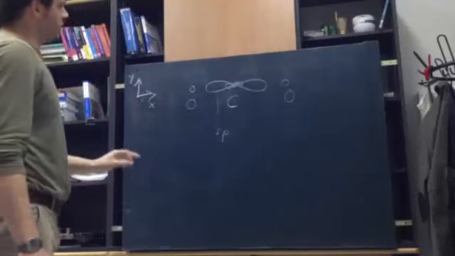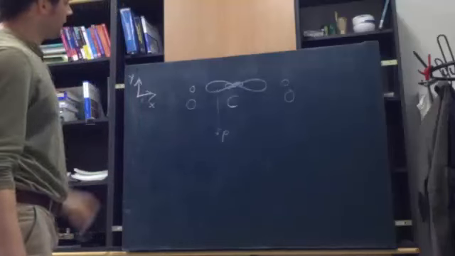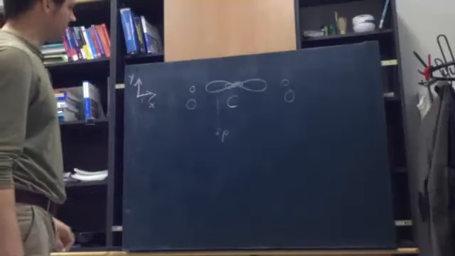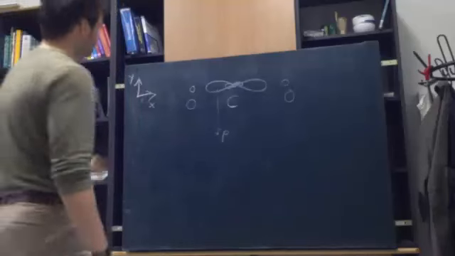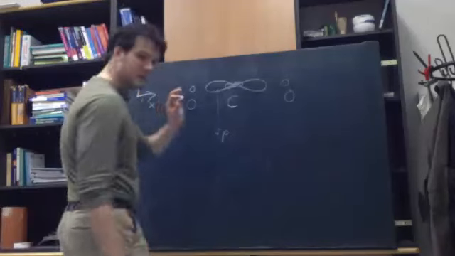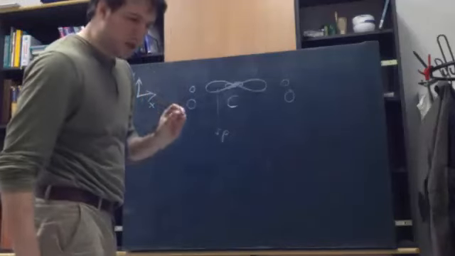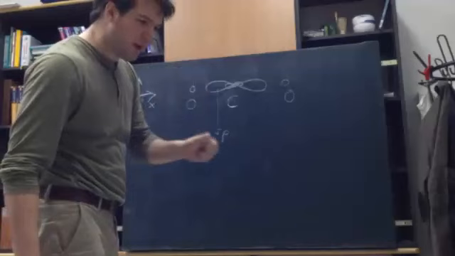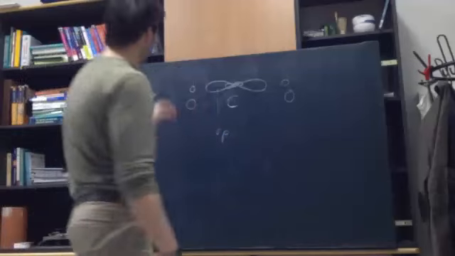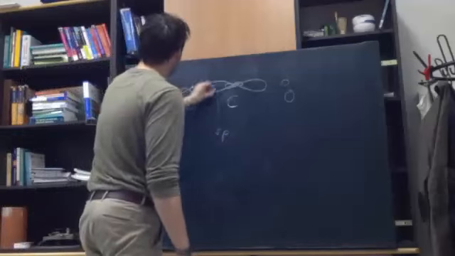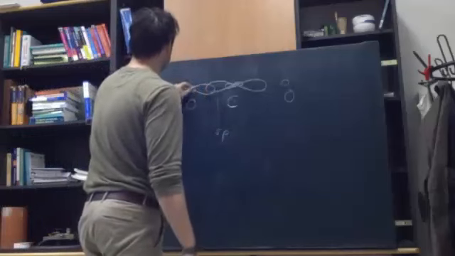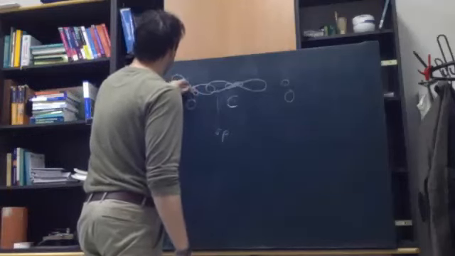Okay, now what are we doing on the oxygen side? On the oxygen side, we said it's sp2. It forms a linear combination of px, py, and the 2s orbital, looking like this. 1, 2, 3.